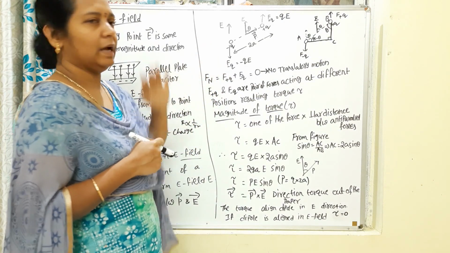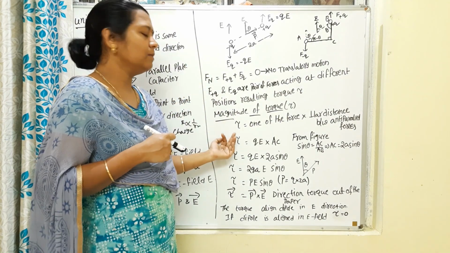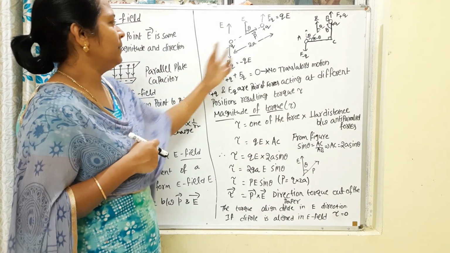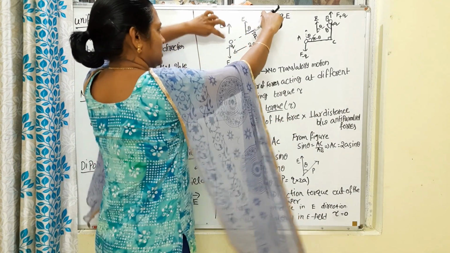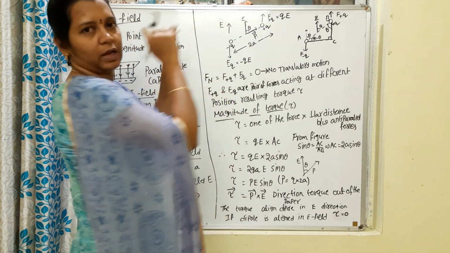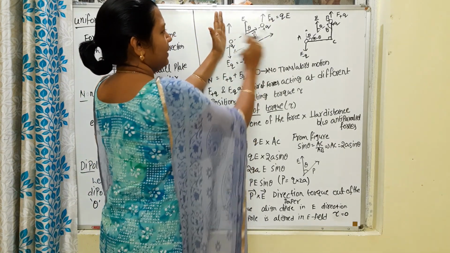Now, what is the magnitude of the torque? We know that torque is nothing but one of the forces into the perpendicular distance between this pair of forces. So this is the force acting on plus Q and the force acting on minus Q. What is the perpendicular distance? This is the perpendicular distance.